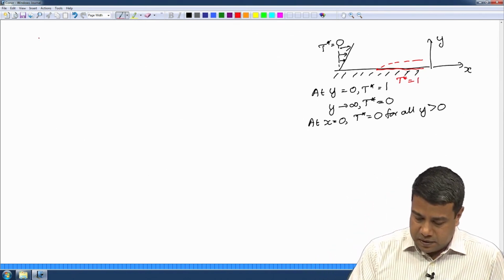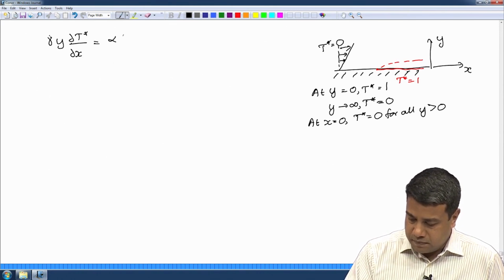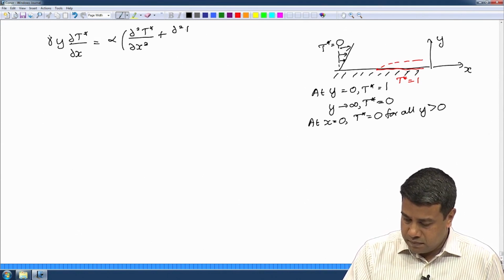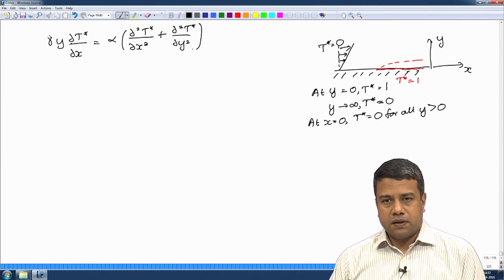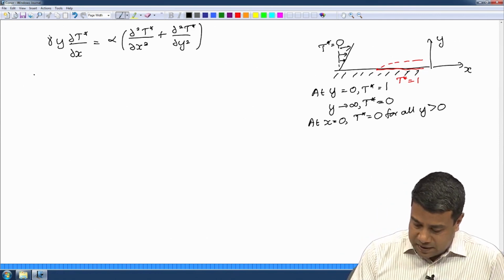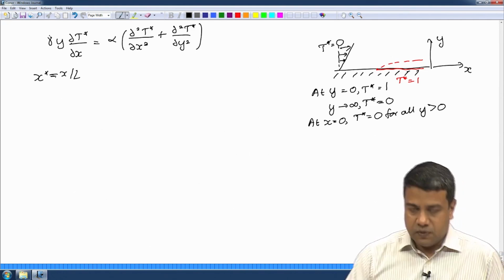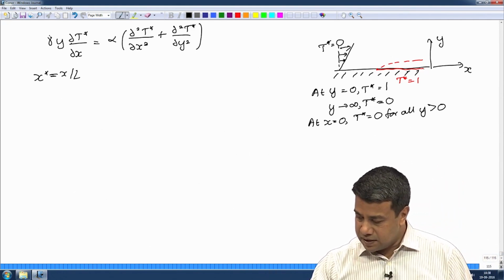My conservation equation. Now, I will scale x by L, of course, because the streamwise extent of the surface is the natural length scale for this.